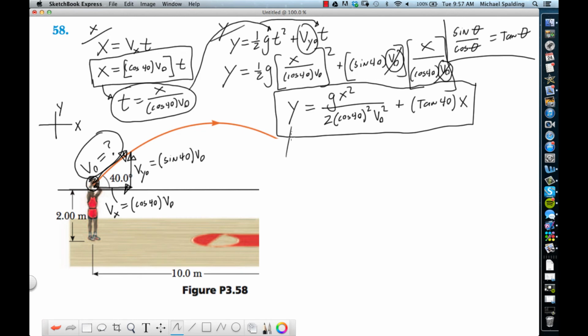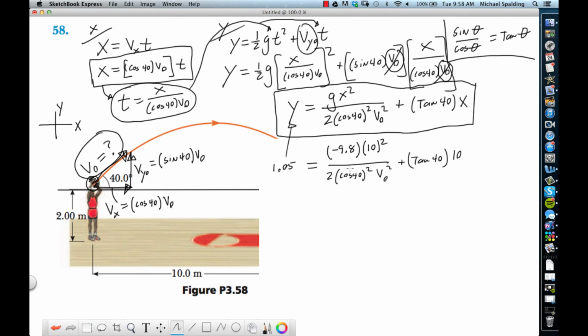What's this y here? 1.05. I'm going to leave units off just to make this easier. 1.05 is our y. g is negative 9.8. Don't forget your sign convention. X is 10 meters. All the units are good. So we have 10 squared over 2 cosine 40 squared V initial squared plus tangent 40 times 10.